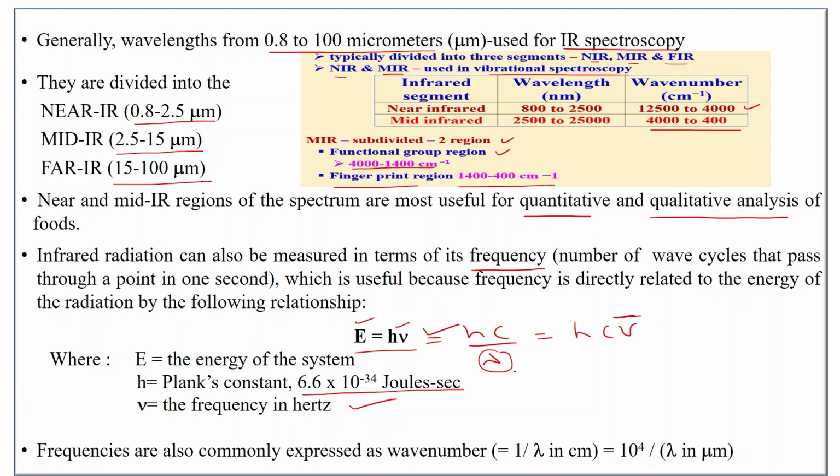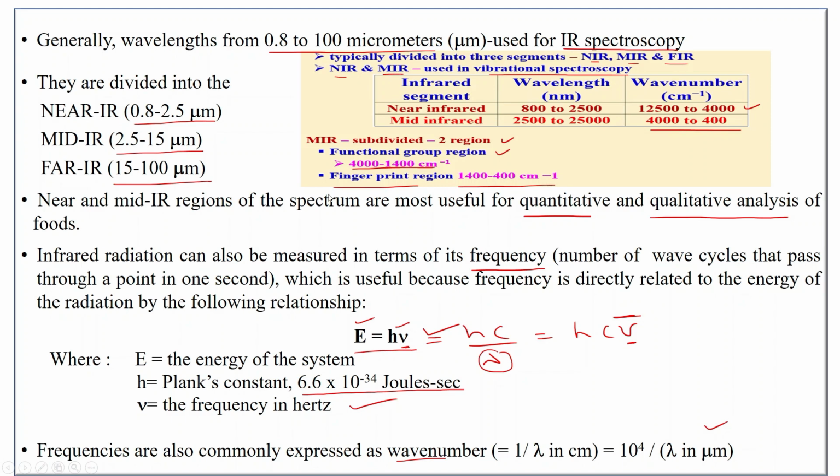So we can express the wavelength either in terms of frequency or in terms of wave number from this Planck quantum theory. Frequency can be expressed as wave number, that is 1 by lambda in centimeter, which is 10 power 4 divided by lambda in micrometer.